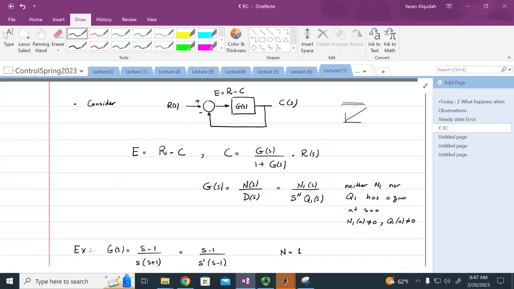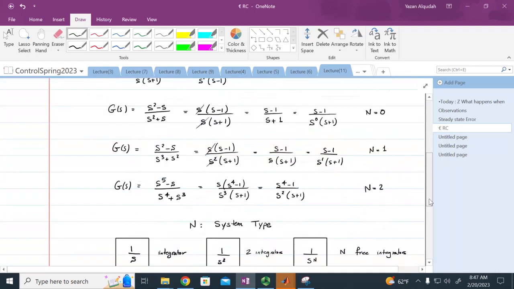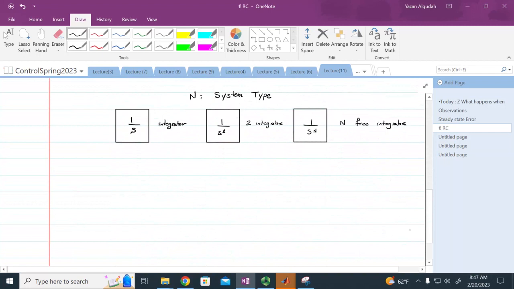Make sense, everybody? Okay, so let's mathematically now see how this system type will determine the steady state error for different inputs of the system.